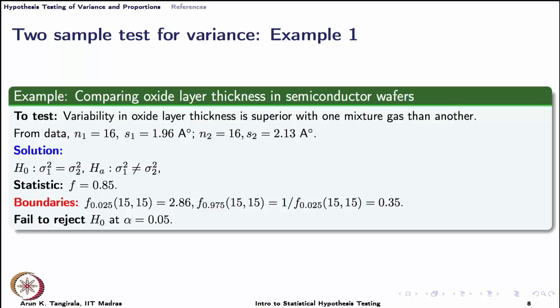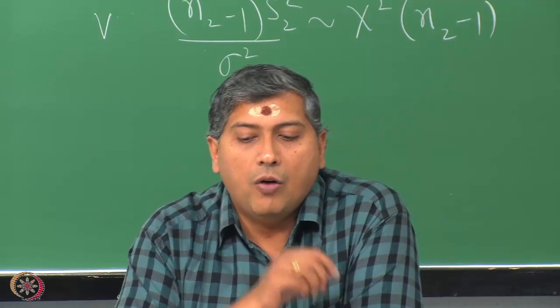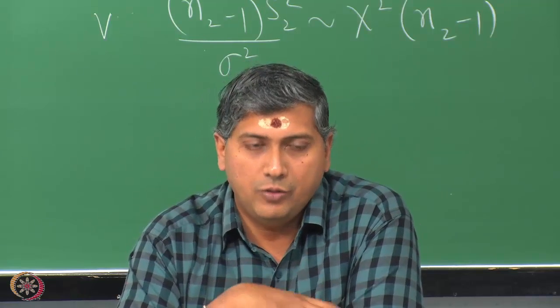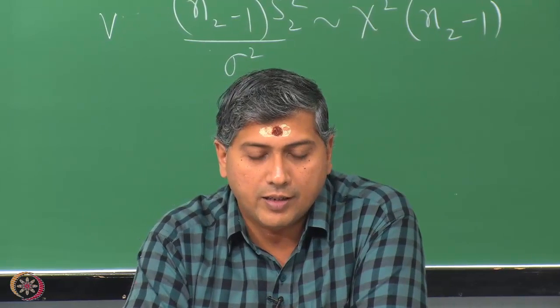So, let us go through 2 examples to understand how this 2 sample test for variability is conducted. The first one again is from our motivation lecture, where we want to compare the variability in the oxide layer thickness of a semiconductor wafer when I use 2 different mixtures of gases. You may recall that we had discussed this example.